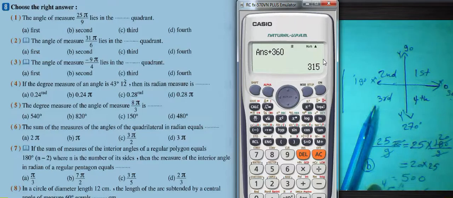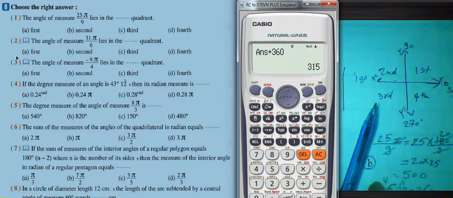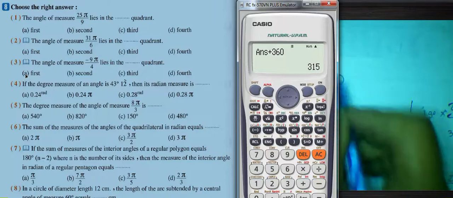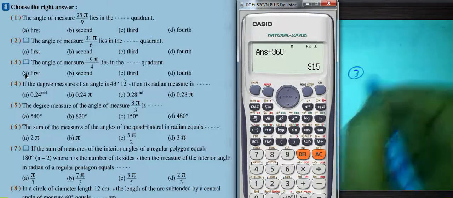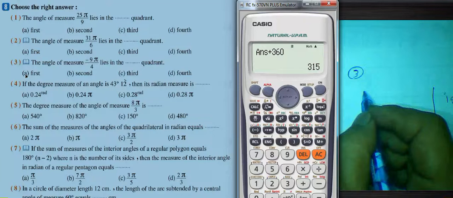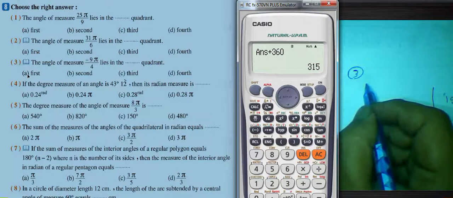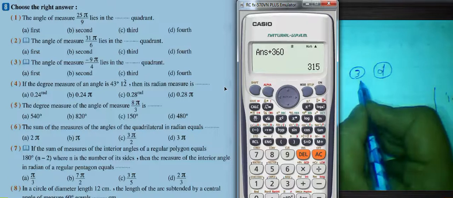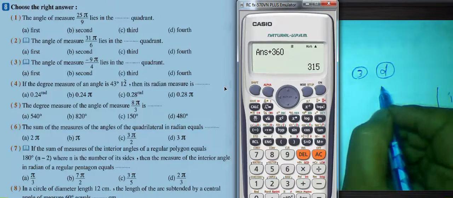So for question number 3, we choose letter D.